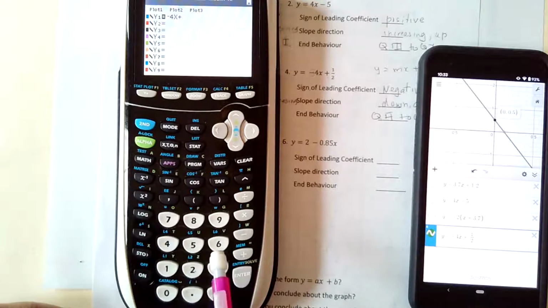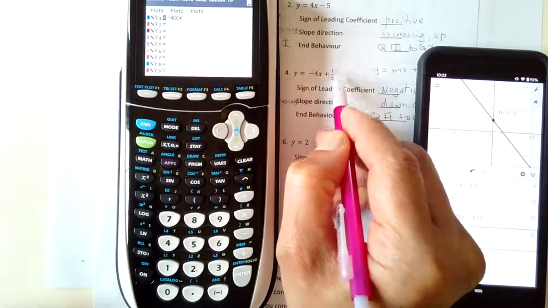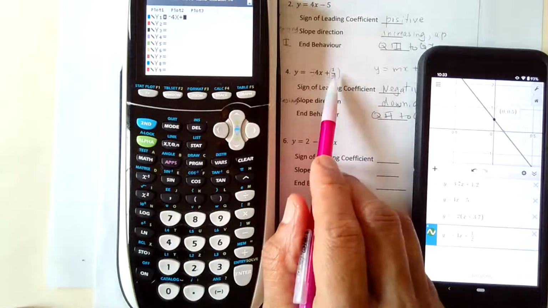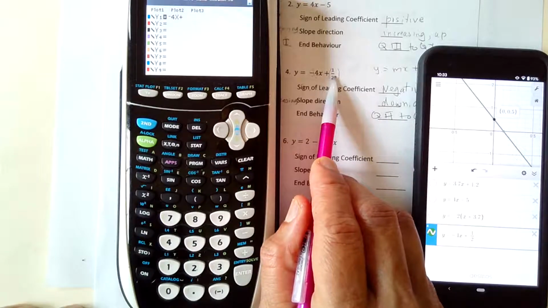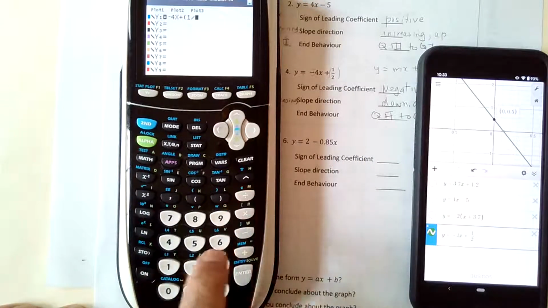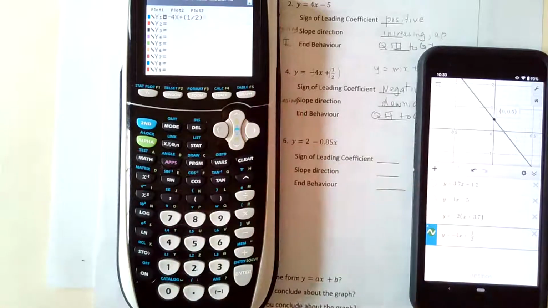Plus, now what I would suggest is that you make the half into a bracket, or you can put 0.5. But let's put a half in there rather than 0.5. We can write open bracket, 1 divided by 2. So I would suggest whenever you have a fraction, put it in a bracket on your graphing calculator.